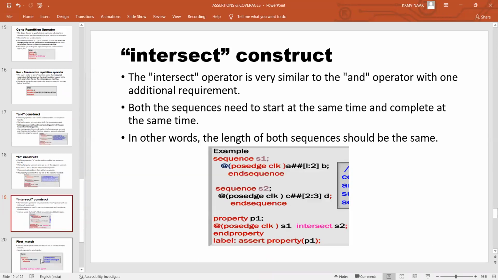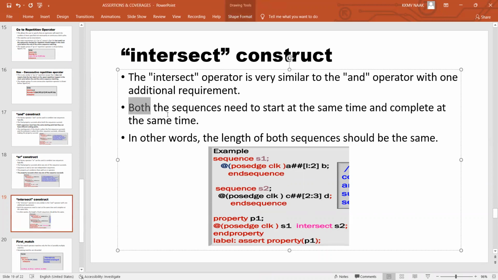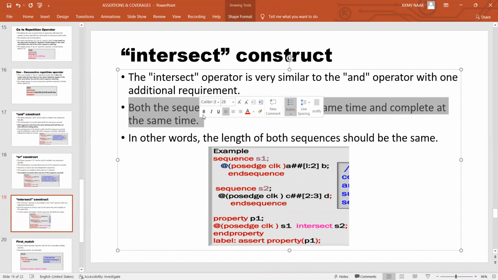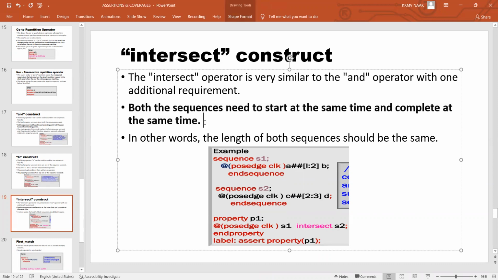Coming to the intersect construct, you use this keyword like this. It is the same as AND, where intersection means only what is common will be there. But the difference is that both sequences need to start at the same time and should be completed at the same time.